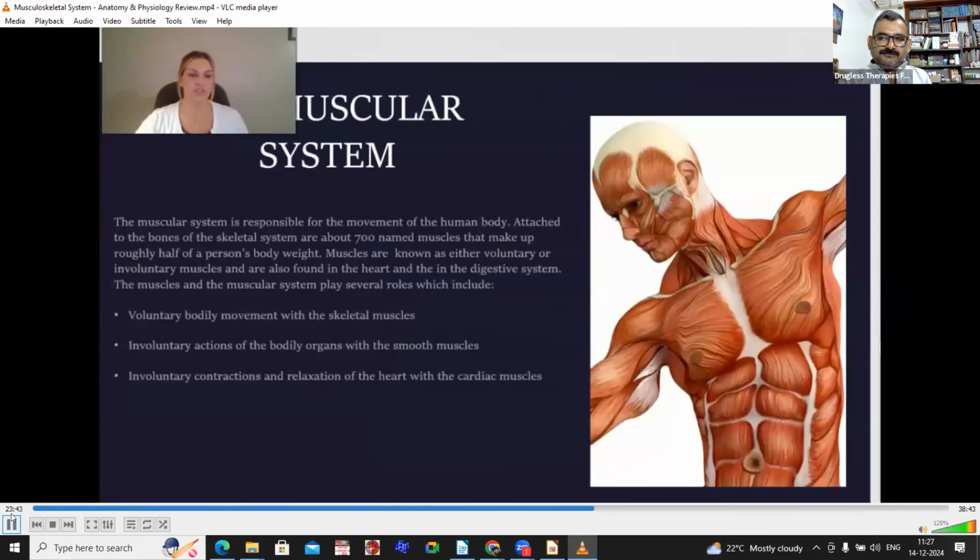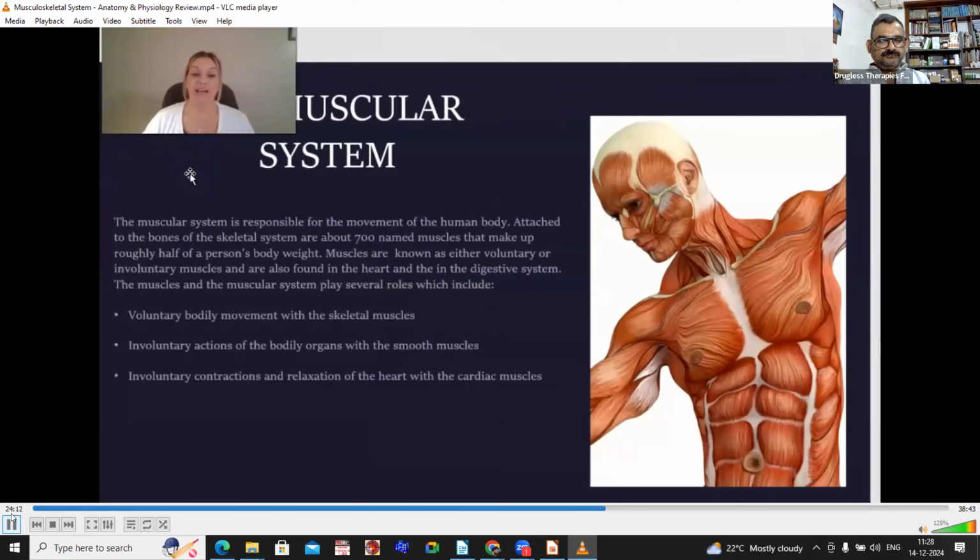So moving on to the second subdivision of this musculoskeletal system: we just finished talking about the skeletal system. Now we're going to talk about the muscular system. The muscular system is responsible for the movement of the human body. Attached to the bones of the skeletal system are about 700 main muscles that make up roughly half of a person's body weight.